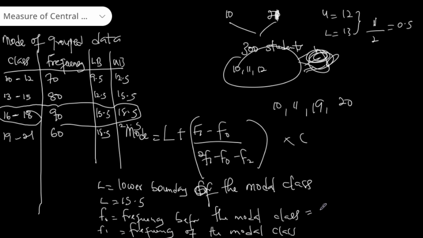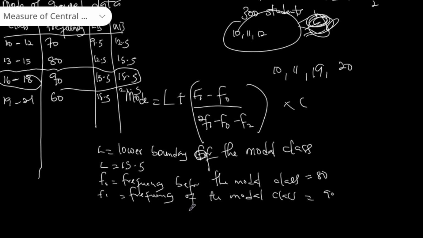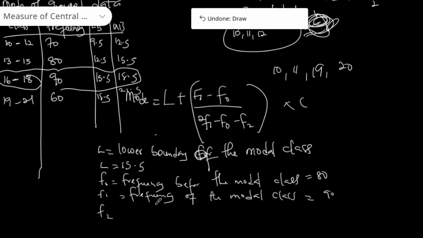So our F0 is 80, while our F1 is 90. So the frequency of the modal class, which is F1, is 90, whereas the F2 is the frequency after. So you see, L is the lower boundary of the modal class, F0 is the frequency before the modal class, F1 is the frequency of the modal class, F2 is the frequency after the modal class.